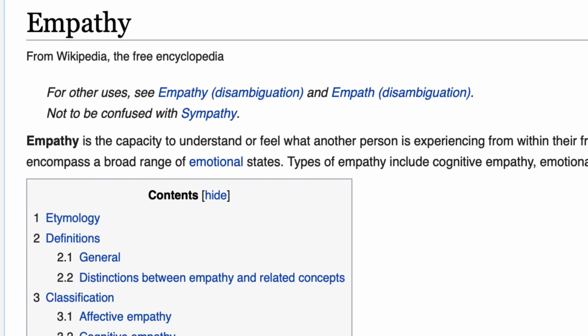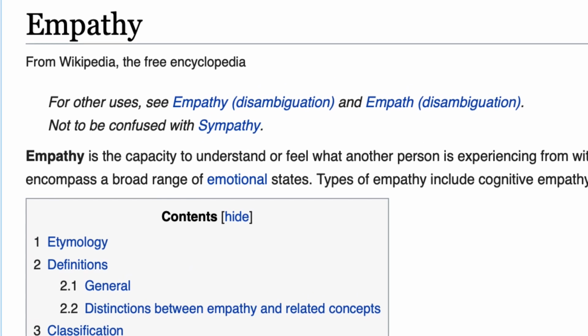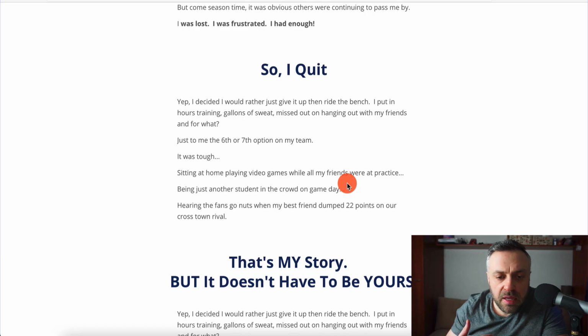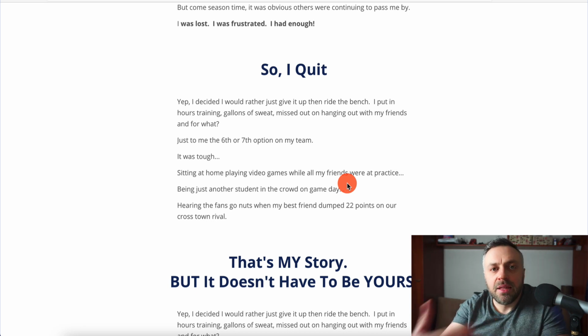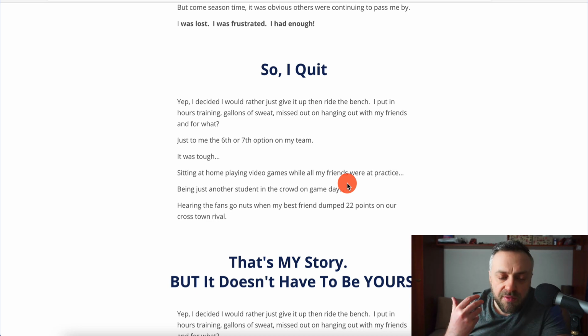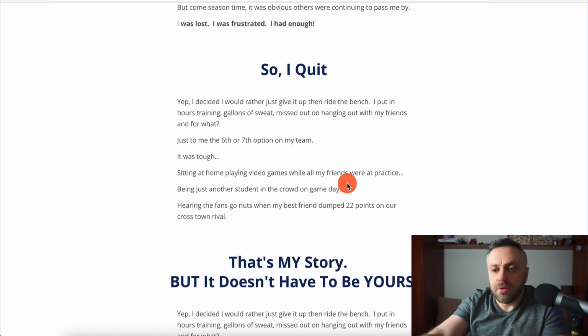Compassion means I feel bad for somebody. Empathy means I feel I can put myself in that person's shoes. And this is a very, very powerful angle. Because it's not about feeling compassion or sympathy. It's about relating to that person. And the fact that I can relate to somebody is very, very powerful.